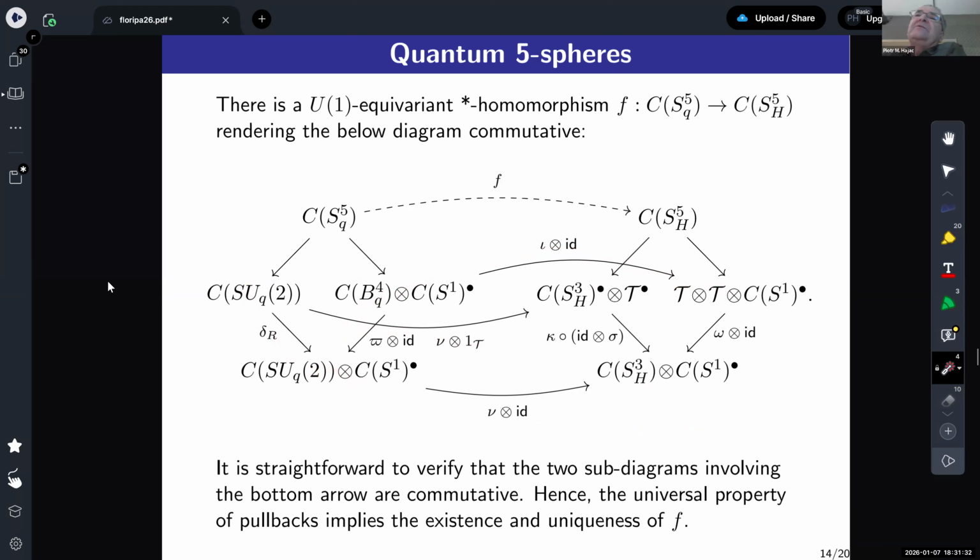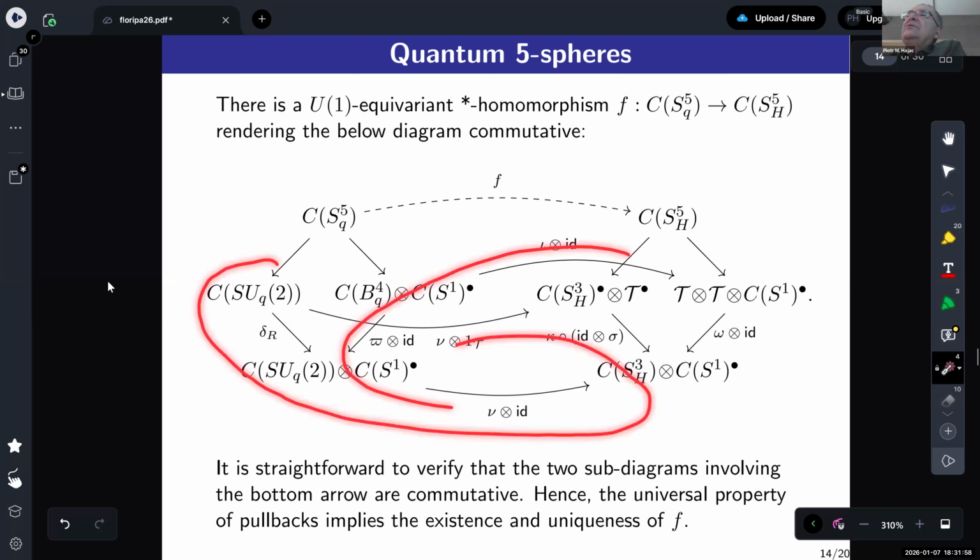Okay. Well, here you can guess it's a coaction, right? But already here kappa comes from a gauge trick, and it would take way too much time to explain it. Okay, iota is the inclusion, but we have explicit formulas that render this diagram commutative, and the only thing that you check is that this is commutative and that is commutative.